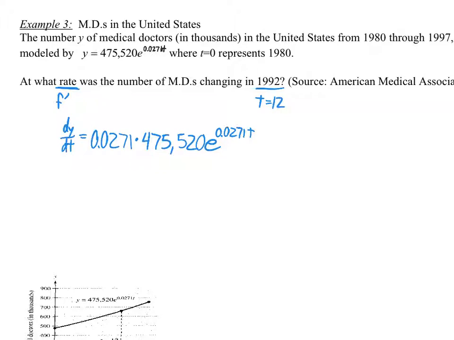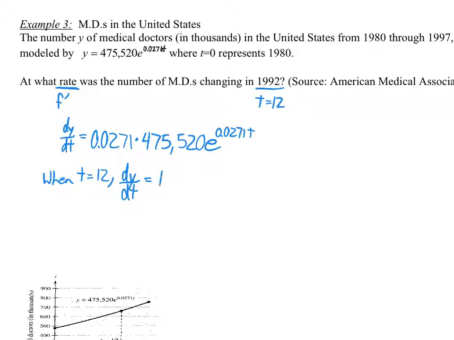At this point, this is one where you do want to use your calculator. It doesn't make sense to have e in your answer when you're talking about a rate of change for doctors. So when t equals 12, dy dt equals 0.0271 times 475,520 times e to the 0.0271 times 12 power.